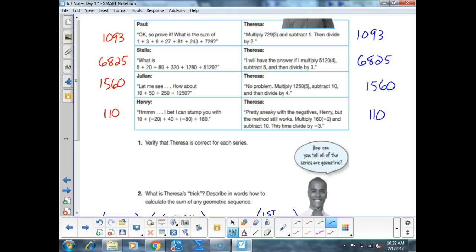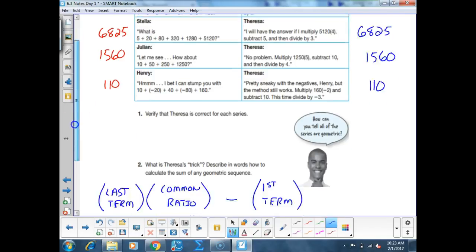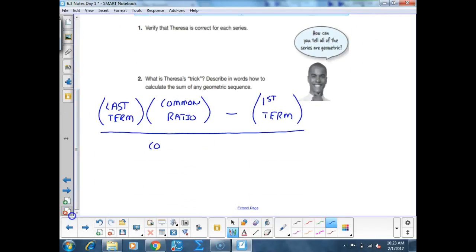Julian, she divided by 4. Henry, she divided by -3. So she's not just willy-nilly dividing by a number, because it's different every time. In fact, it's the common ratio minus 1.